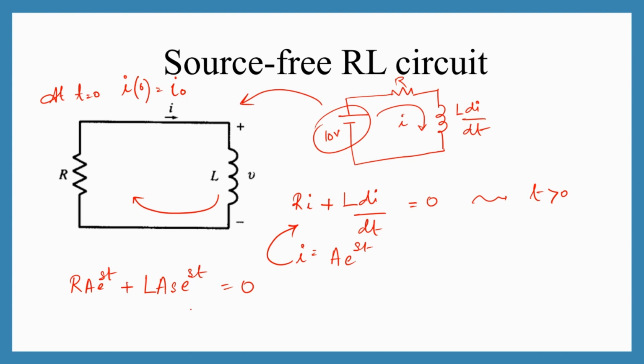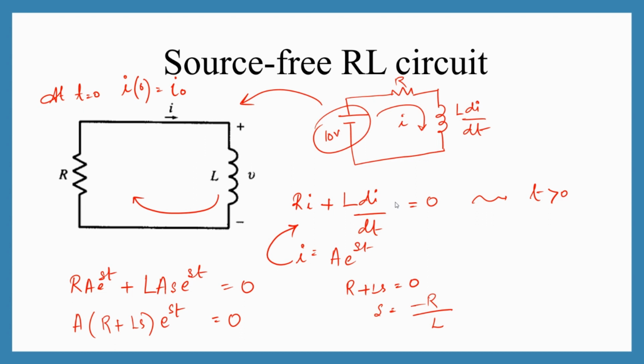On simplifying, we get A times R plus Ls, times e power st, equal to 0. Then what is S over here? We can say that R plus Ls is equal to 0. Therefore, S is equal to minus R by L.